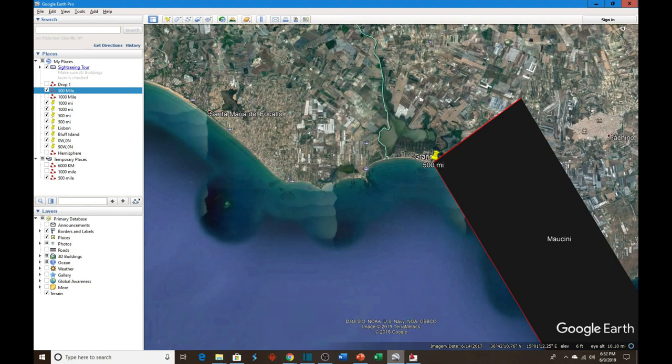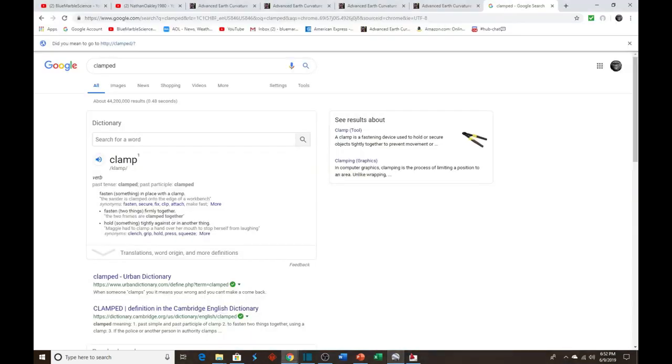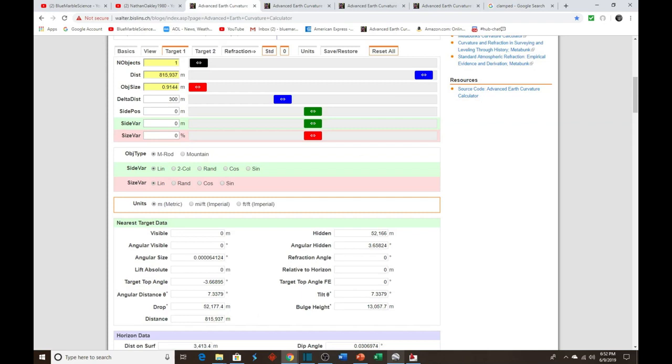Now, this is not an Earth curve calculator. This is Google Earth. If we wanted to know what that drop should be, let me put this back to units of feet and miles. Over a distance of 507 miles, and that's what that line is, the bulge height, and that's what we would be measuring there from the center, is 13,057 meters.